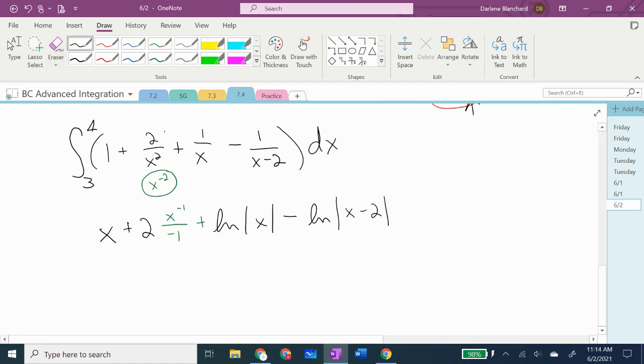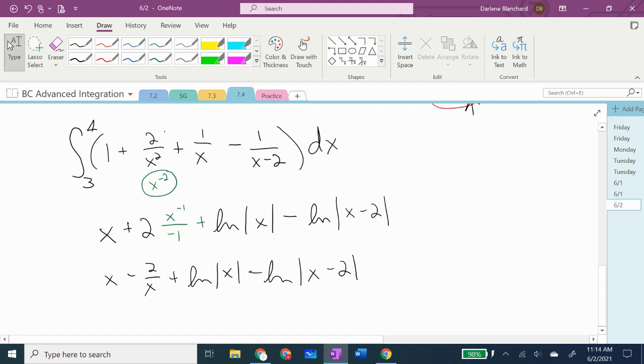And I'm going to rewrite this a little bit. I have x minus 2 over x plus natural log of absolute x minus natural log of absolute x minus 2. And if I want, I can actually combine those two together.